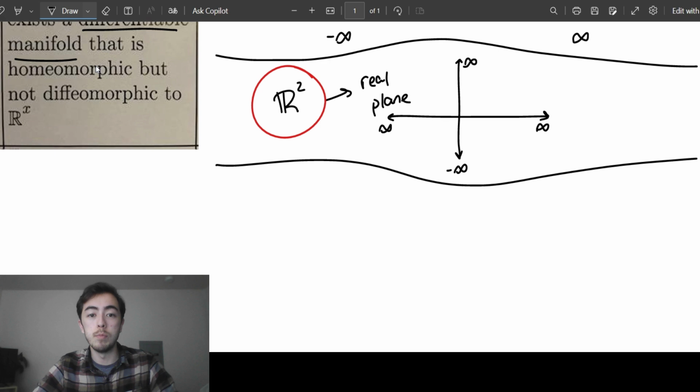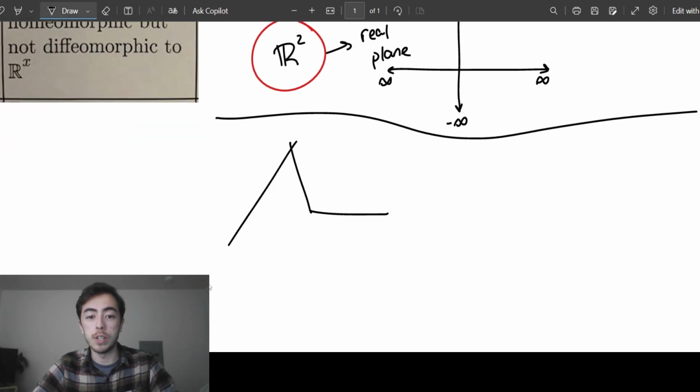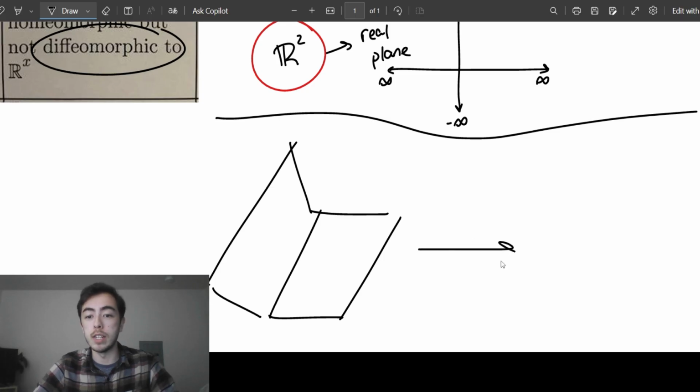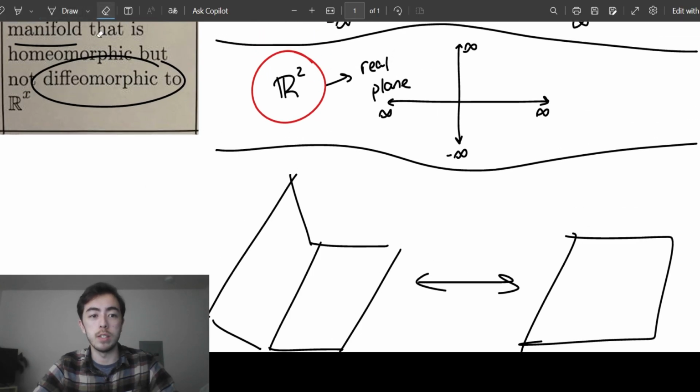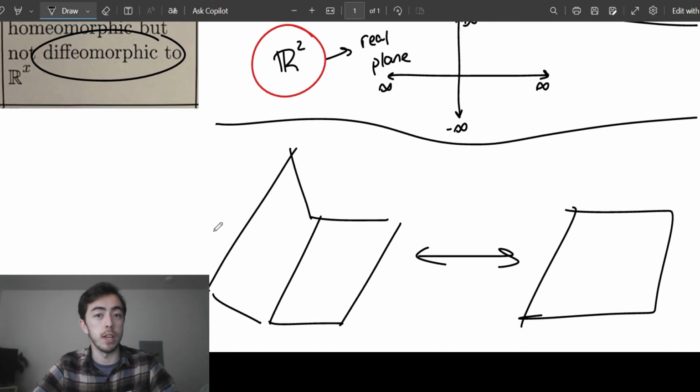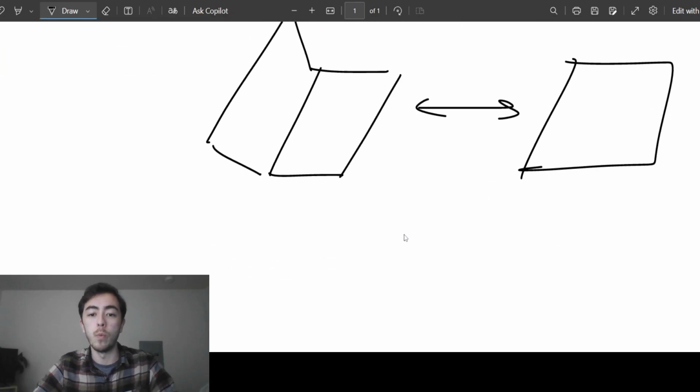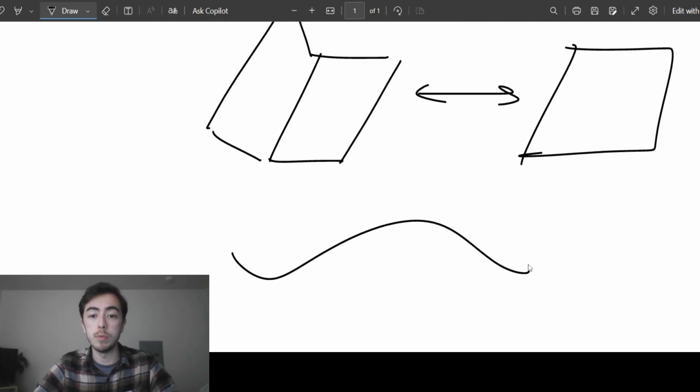One thing that does matter, though, and let's actually talk about that creased plane example again. This diffeomorphic idea means that we can go between two objects without creating or encountering any creases. The prefix diffeo refers back to derivative or differential from calculus, I think, where anything that's differentiable is smooth.